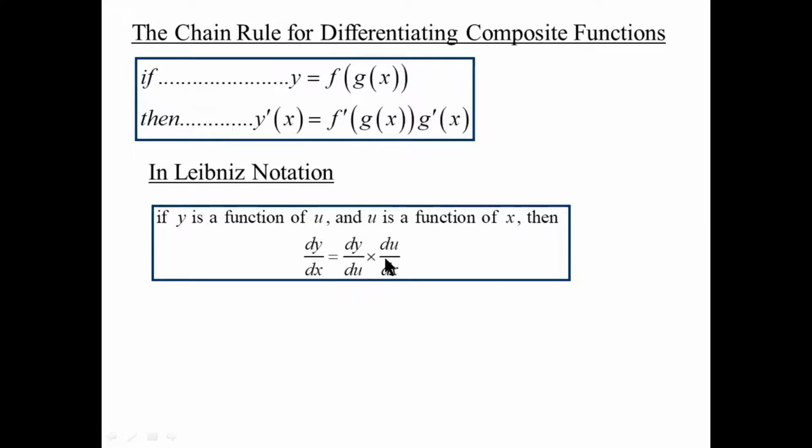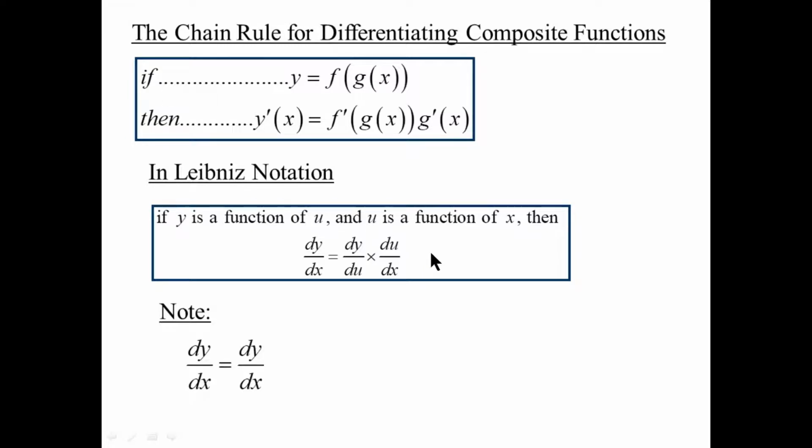Notice how these du's could cancel, since these are fractions, and we're multiplying fractions. The du's could cancel, and we would have dy by dx equals, well, obviously dy by dx. So we're kind of using u as a link in the chain between y and x.